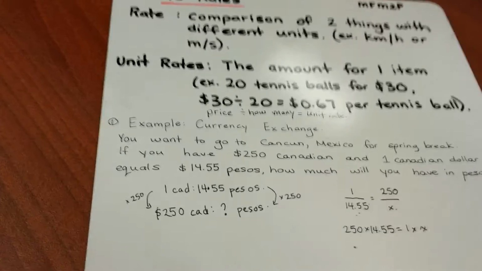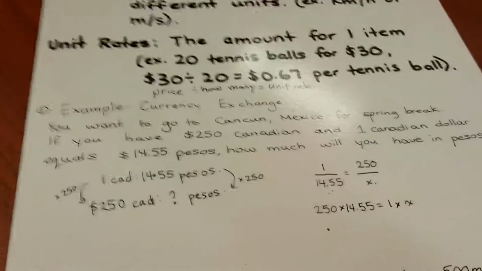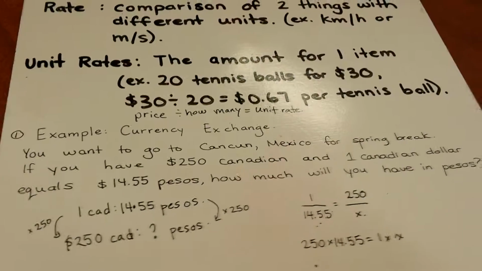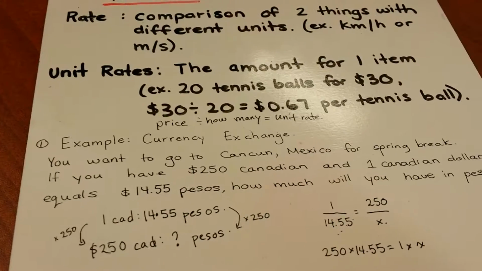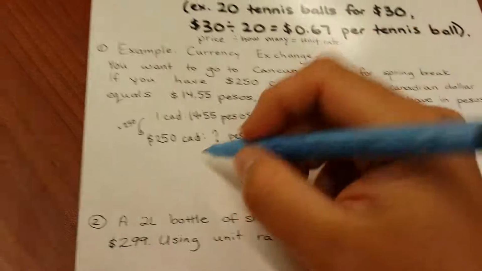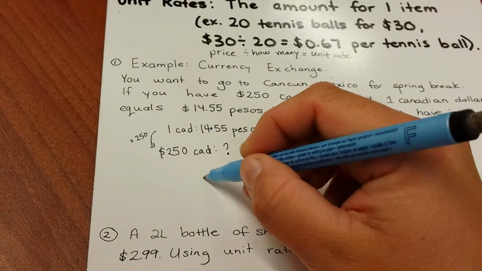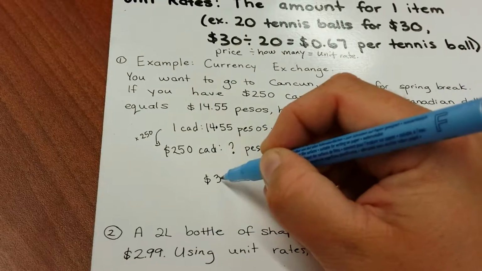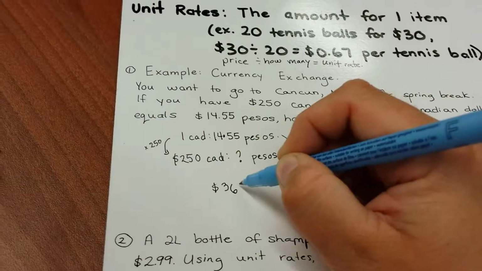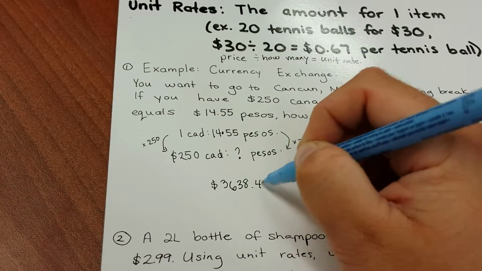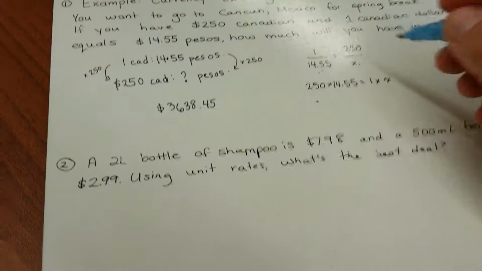Okay, so I'm going to look that up on my nice little calculator. Okay, so this is going to equal 3,638 pesos and 45 cents of pesos, I guess, is the answer.